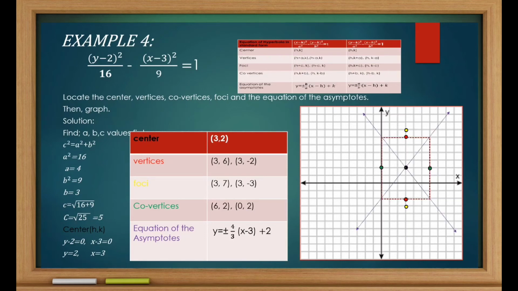Then we will plot our asymptotes. This is our branches, which open up and down. We name this line y equals 4 over 3 times the quantity of x minus 3, plus 2. The other one is y equals negative 4 over 3 times the quantity of x minus 3, plus 2.